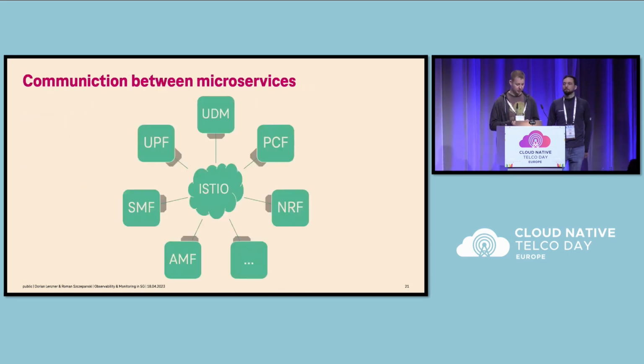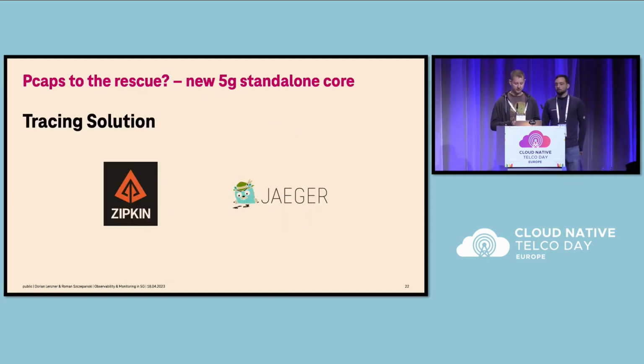Yeah, so we decided to put something in the middle to abstract the communication between those network functions, and we chose, for the time being, Istio, for example. And the gray boxes here are showing the sidecars there, which allow us to abstract certain things, right? Like security and so on.